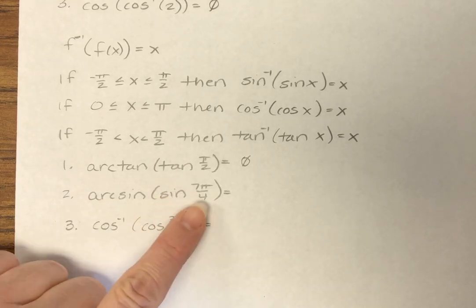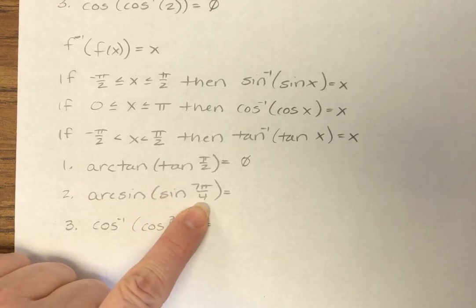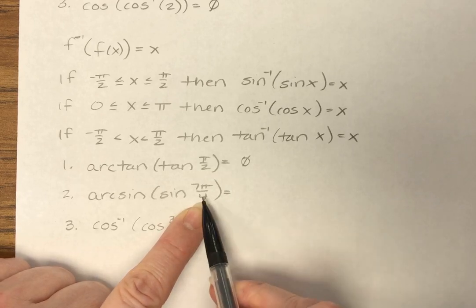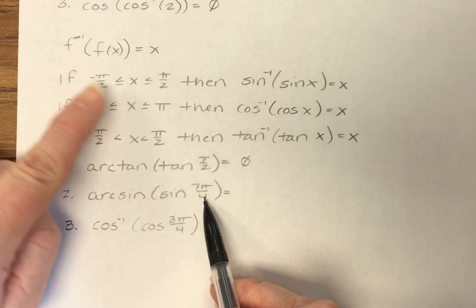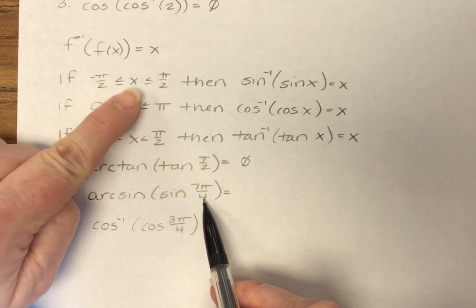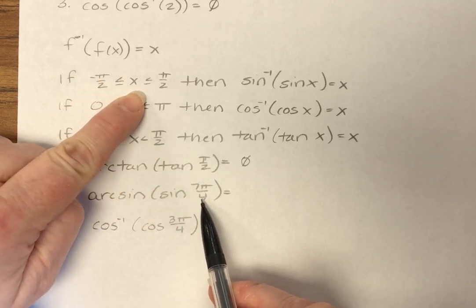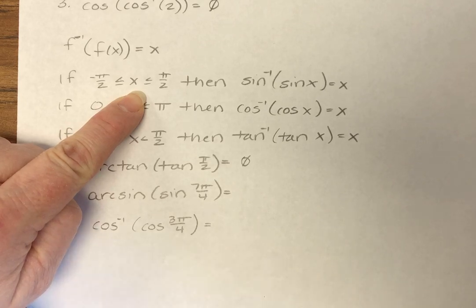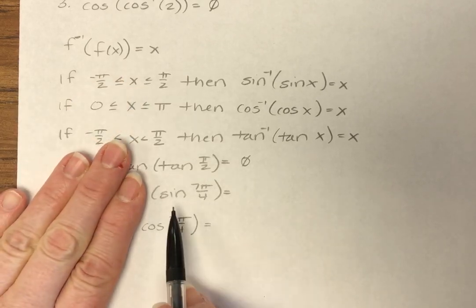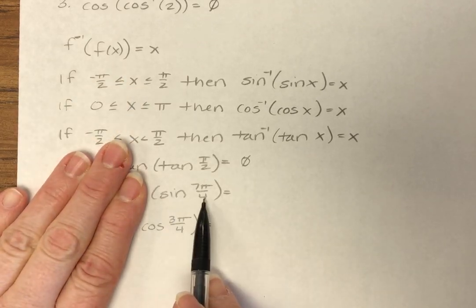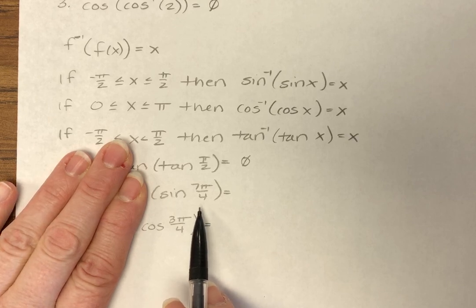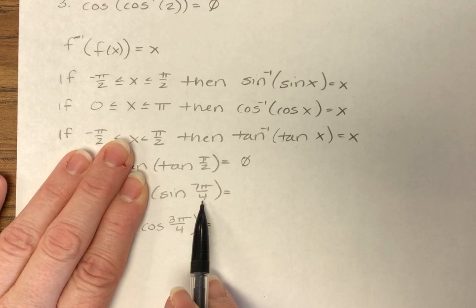Sine. The sine of 7 pi/4 exists. 7 pi/4 is in quadrant 4, but this is not in the domain of our restricted function because we're dealing with the inverse functions. So what we're going to do first is figure out what the sine of 7 pi/4 is. Well, the sine of 7 pi/4 is -square root of 2/2.